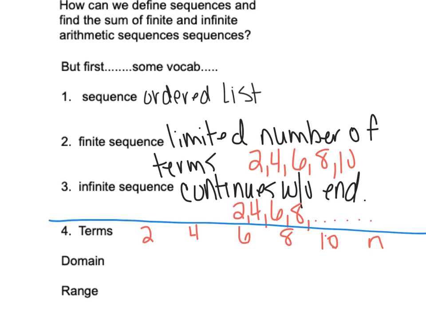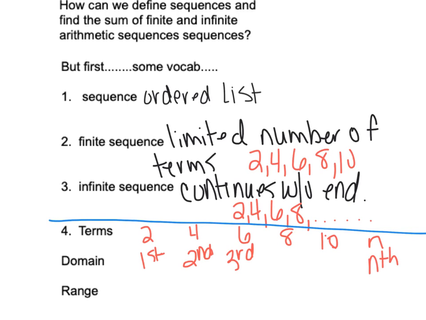The domain is what term it is in the sequence. So the domain is going to be 2 is the first term, 4 is the second term, 6 is the third term, 8 is the fourth term, 10 is the fifth term, n is the nth term.